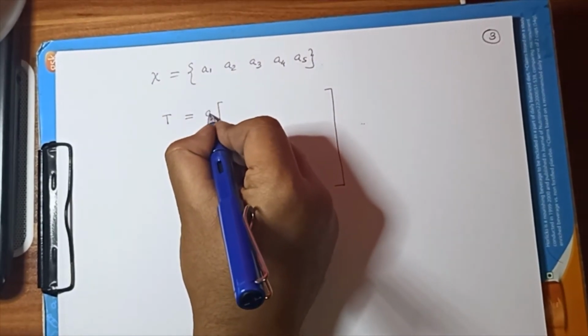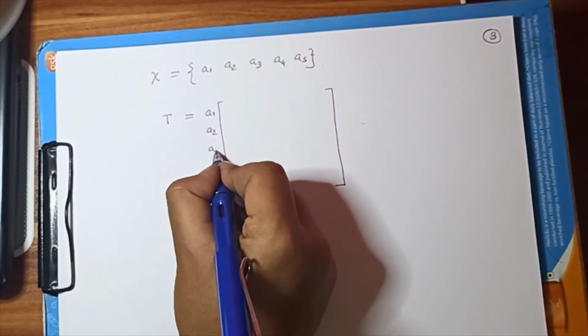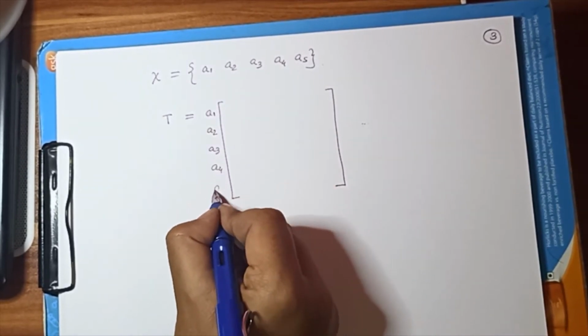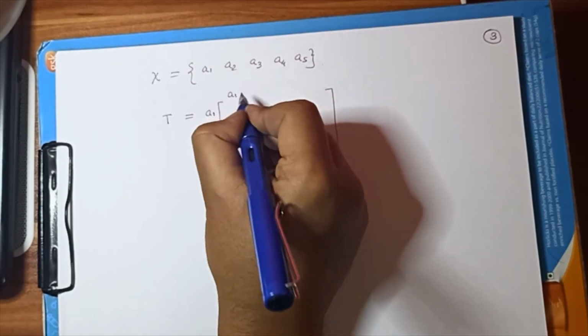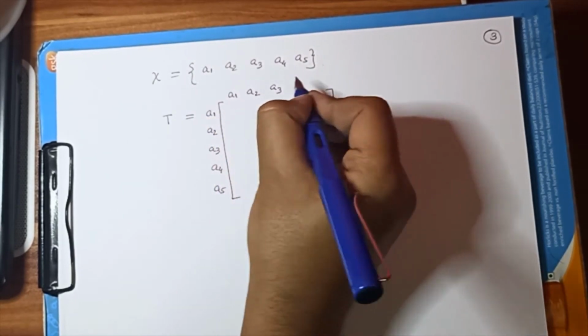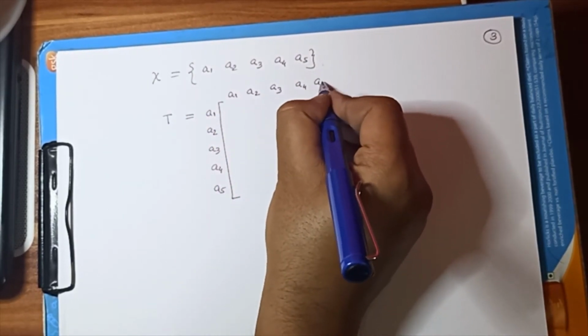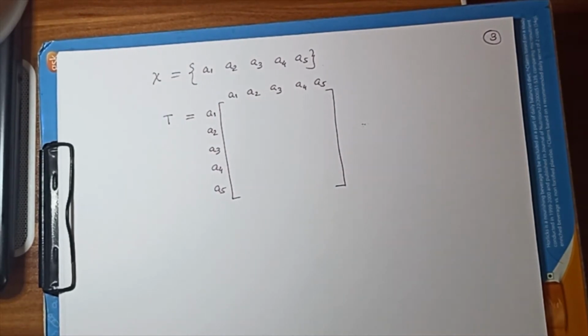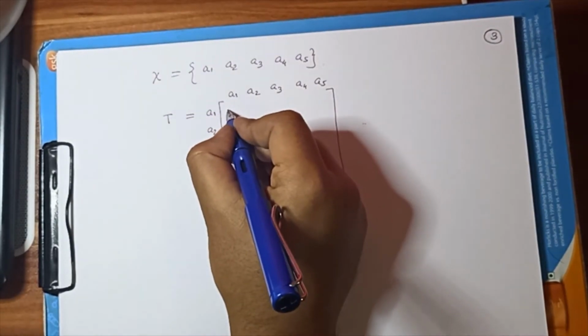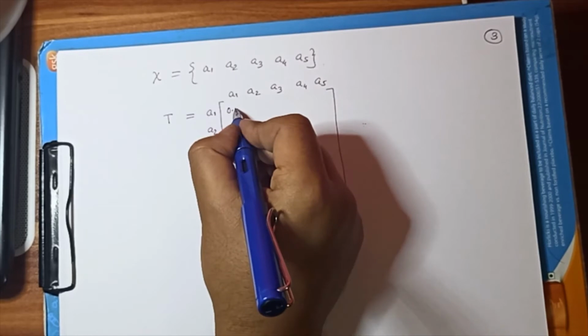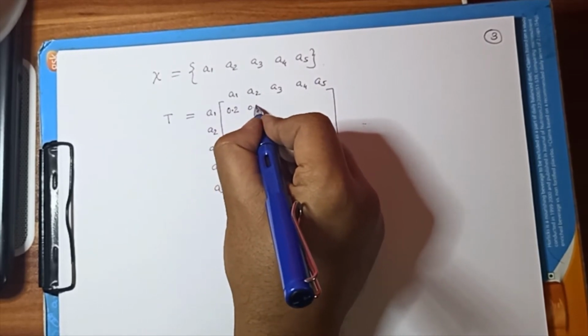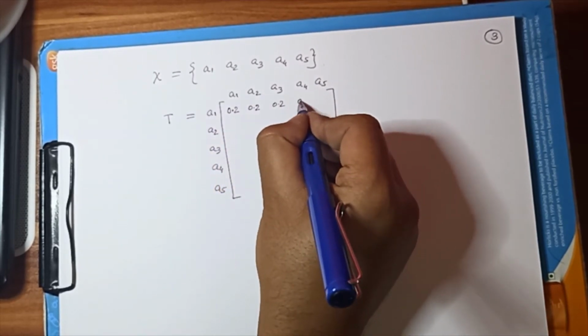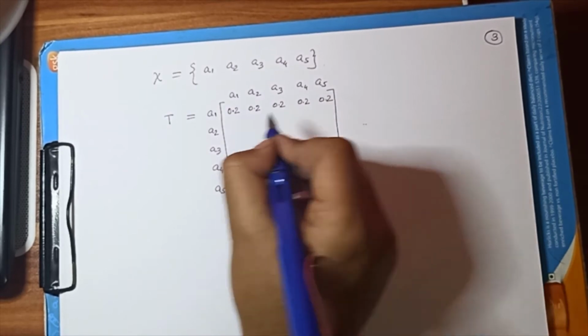This is A1 to A5, and A1 to A5. And let us assume some values. This row is uniform: 0.2, 0.2, 0.2, 0.2, 0.2.